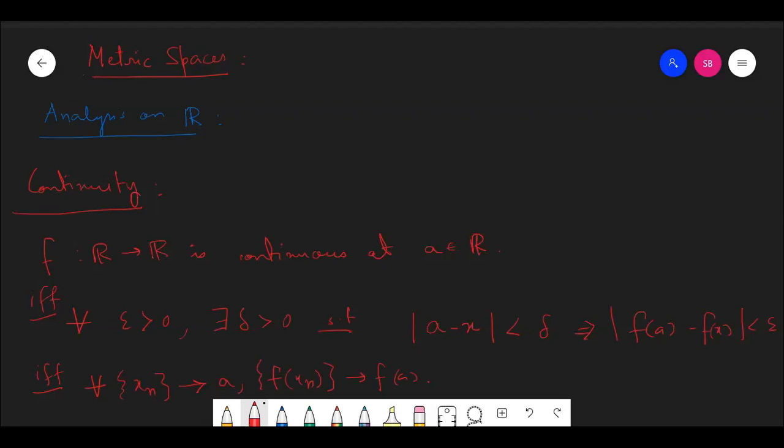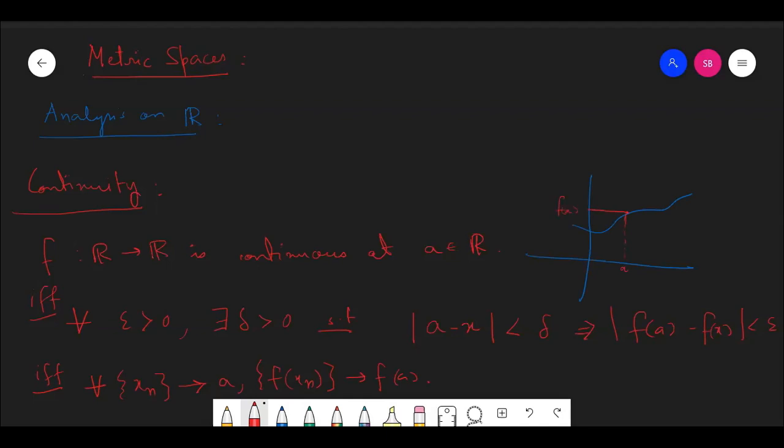Okay. So to just view it geometrically a bit, maybe. So if this is a continuous function, then suppose we are talking about continuity at this point, this is a, this is f of a.